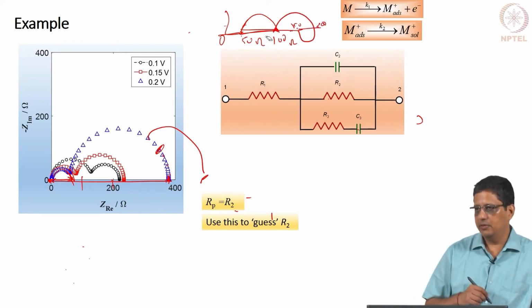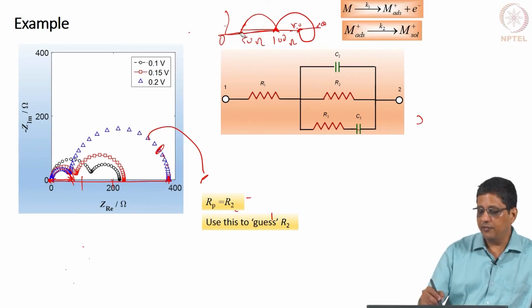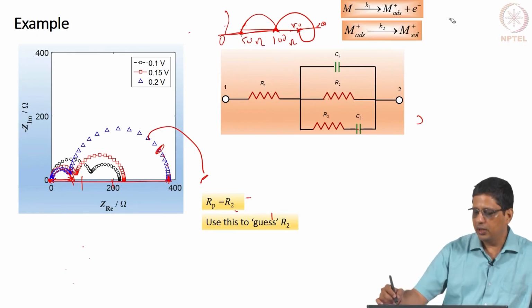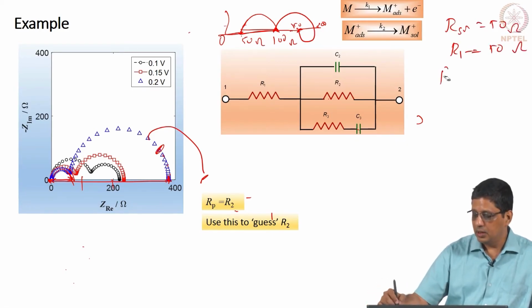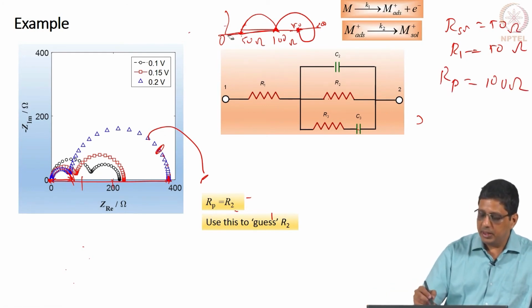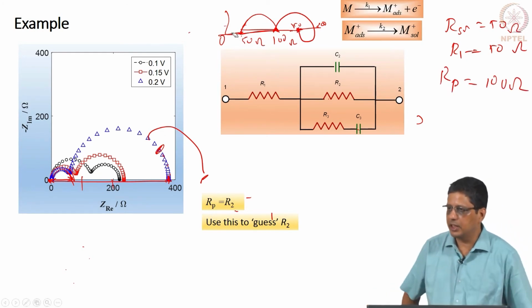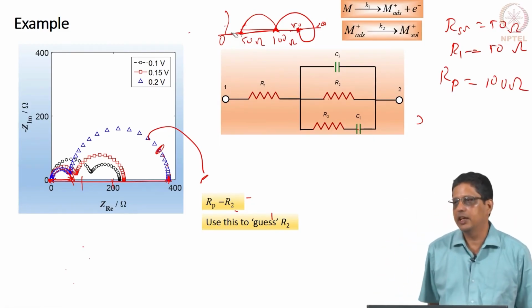RT is 50 ohm, this is 150, but that is RP plus R solution. Therefore, in this example I will say R solution is 50, RT is another 50, of course with whatever appropriate units, RP is going to be 100 ohms, because solution resistance is shifting this entire spectrum to the right, we see 150.